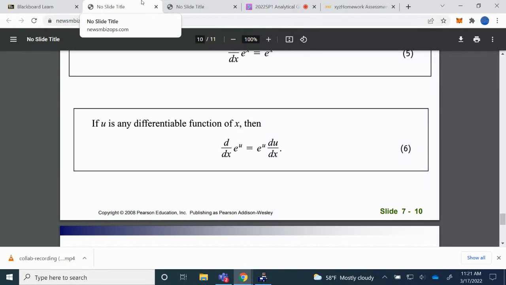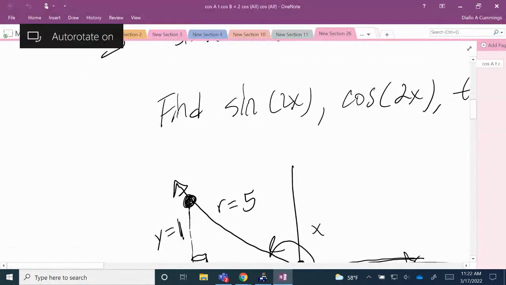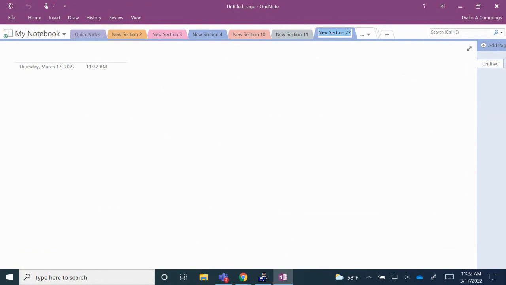So I'm going to bring up OneNote. Let's say we want to find a derivative with respect to t, because the variable we're going to use in our problems is t. The derivative with respect to t for e to the 7t.